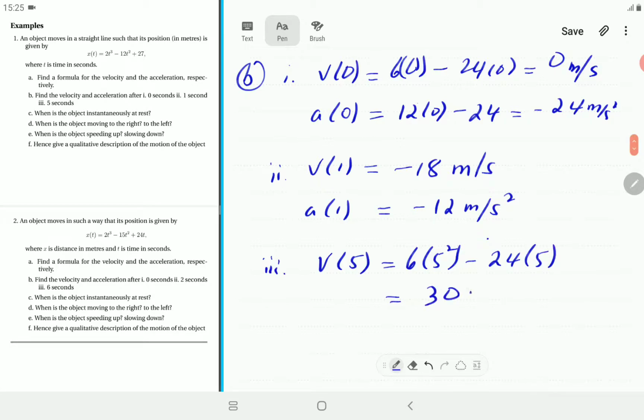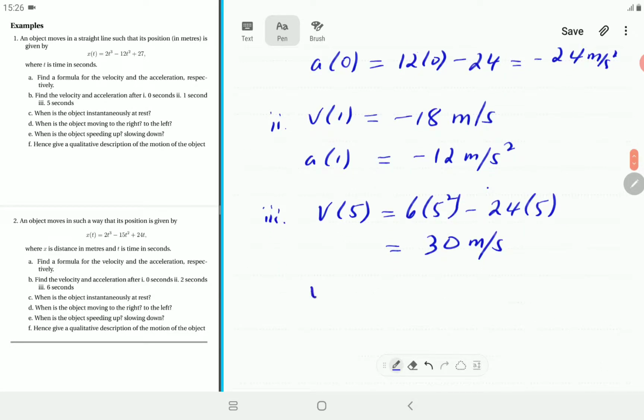This gives us 30 meters per second. So this time the velocity is going to be positive. It was negative there. The acceleration, on the other hand, when t is 5, is going to be 60 minus 24, which is 36 meters per second squared. So that is part B.